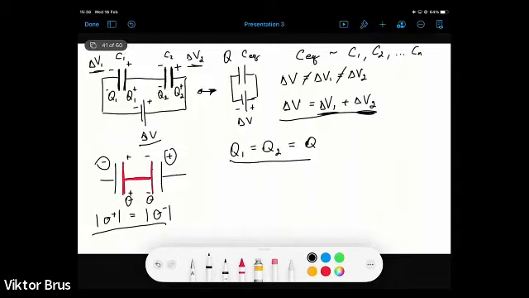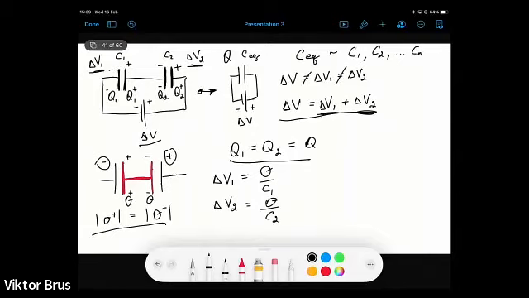So we know that potential difference delta V1 should be equal to the electric charge accumulated by the capacitor divided by its capacitance, which is C1. The same we can write for the potential difference between the plates of the second capacitor. That is Q divided by C2.